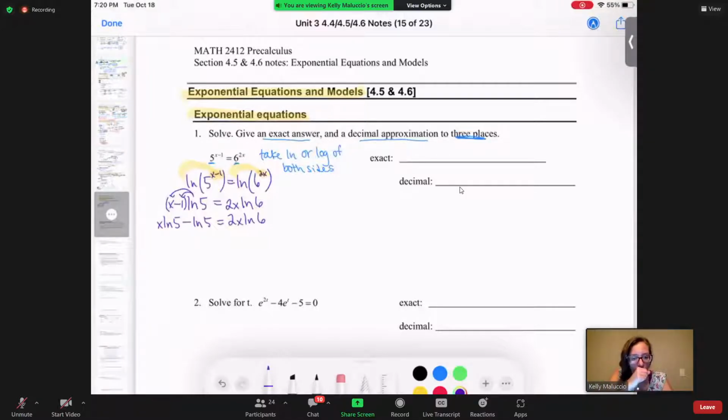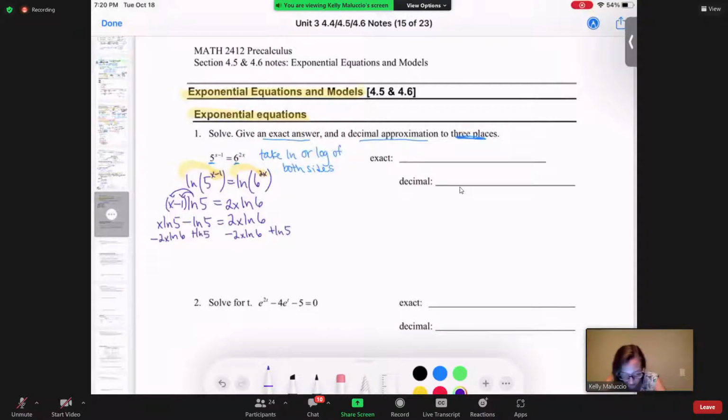And what I mean by get all the x's together and all the other stuff is I want everything with an x on one side so I can take the x out. And then I want all the number stuff and log stuff on the other side. So now I'm going to subtract 2x ln 6, subtract 2x ln 6, and add ln 5.